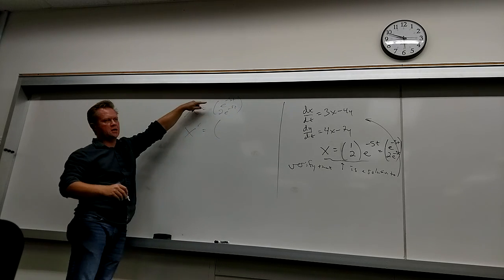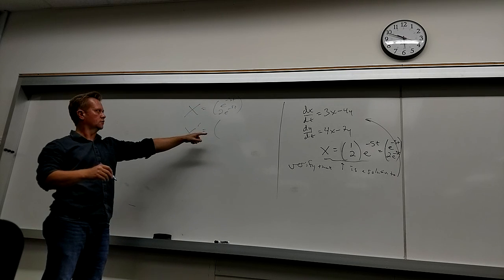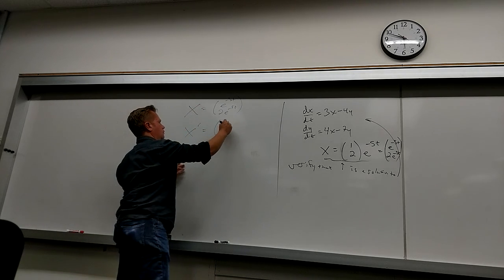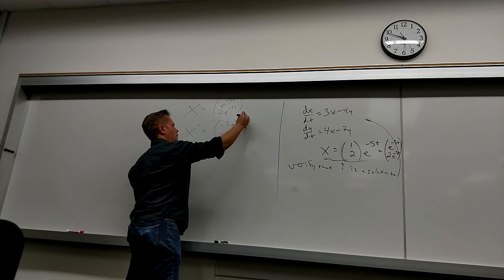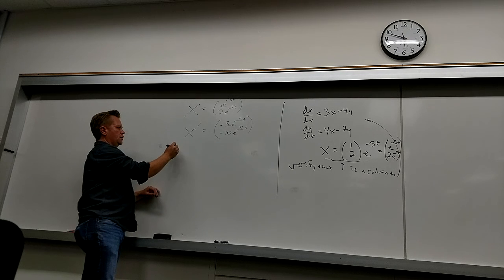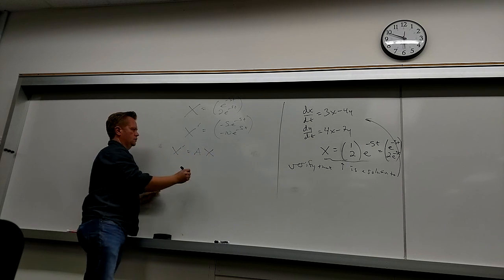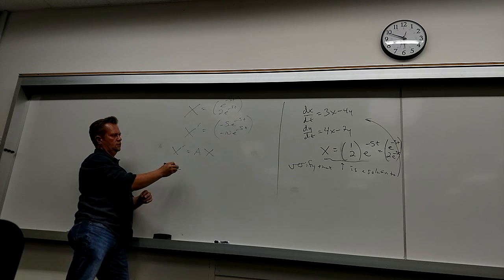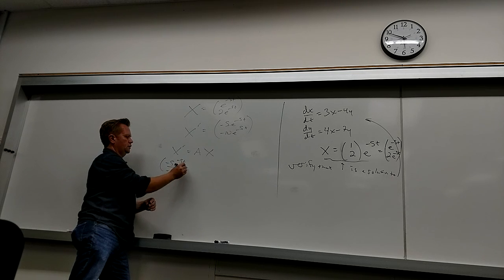It's x prime. You know x is that. What's x prime? Negative 5 e to the negative 5t, and then negative 10 e to the negative 5t. So then in matrix form it has to be like this: negative 5e to the negative 5t over negative 10e to the negative 5t.